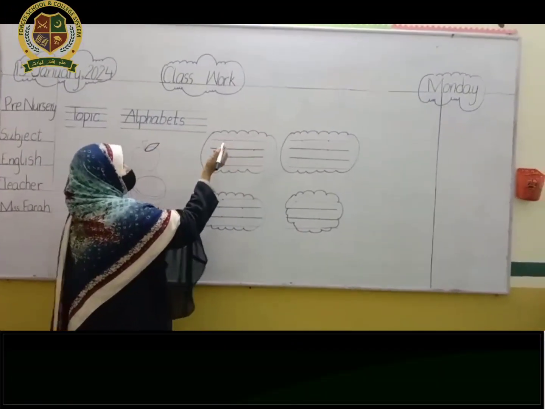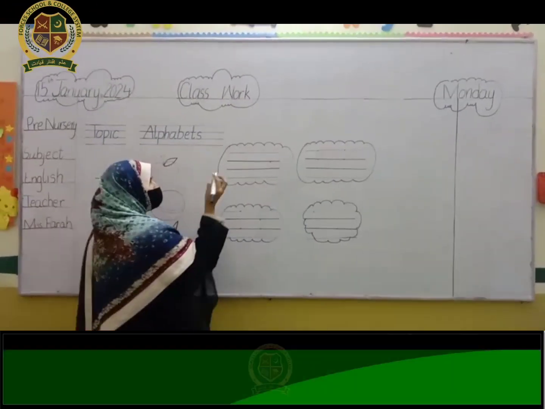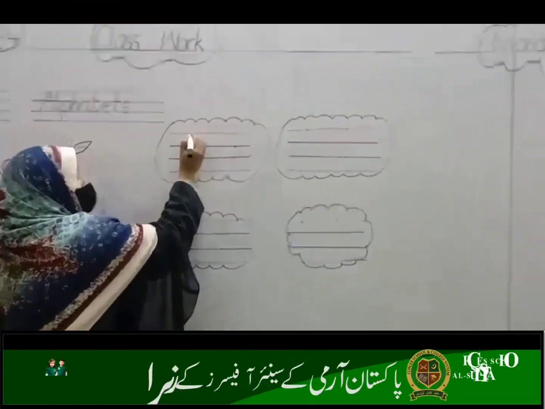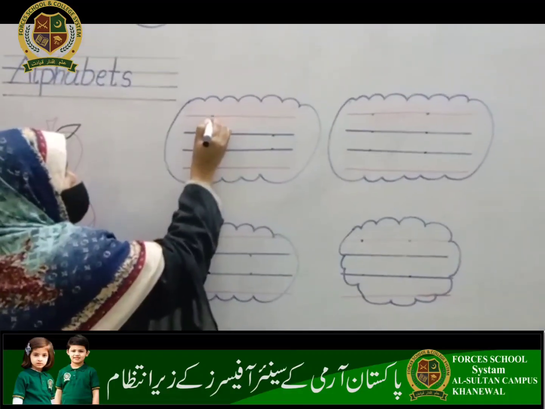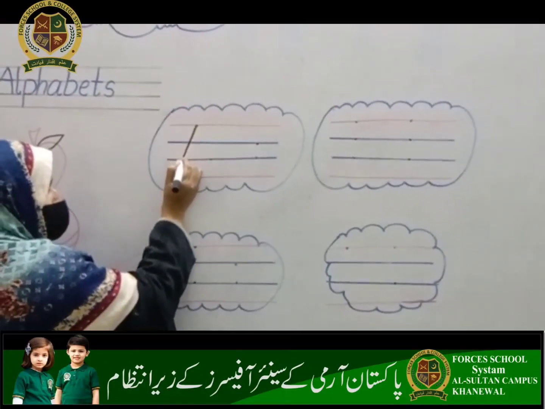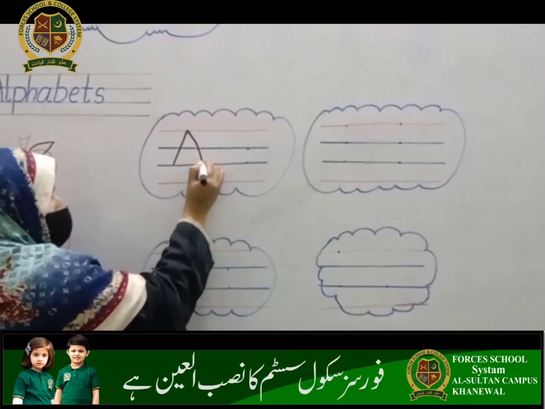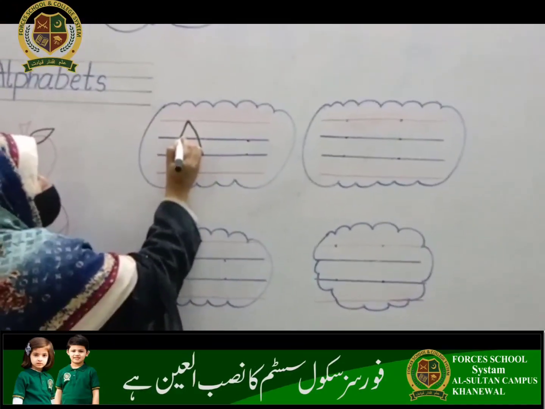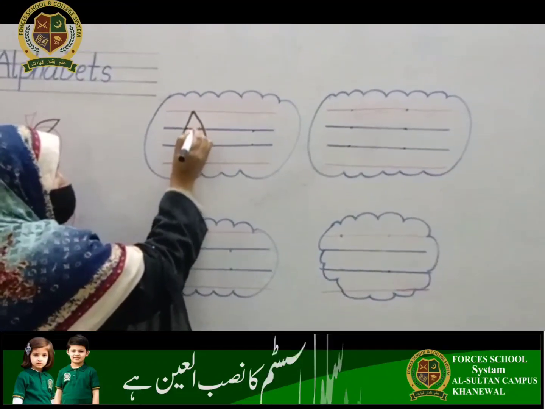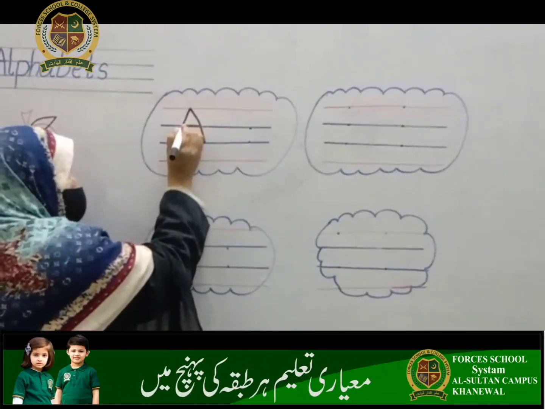The first letter is A. Match the first dot with the line. And draw the line, middle line, second line.